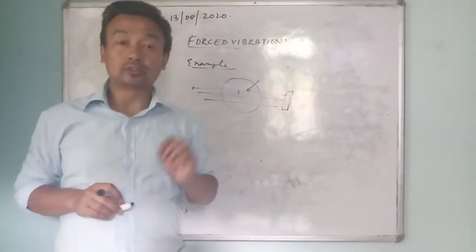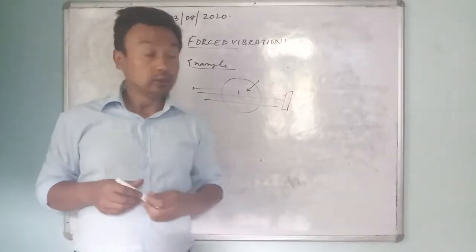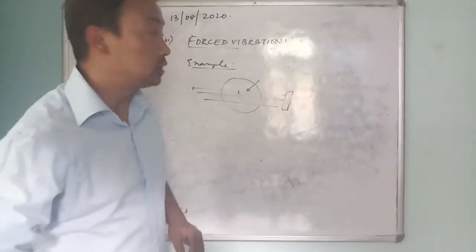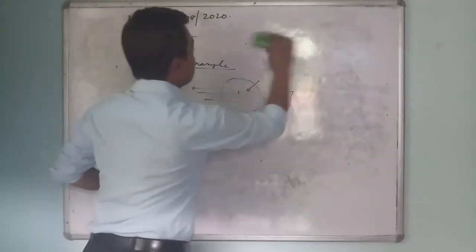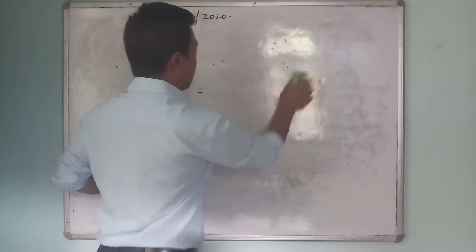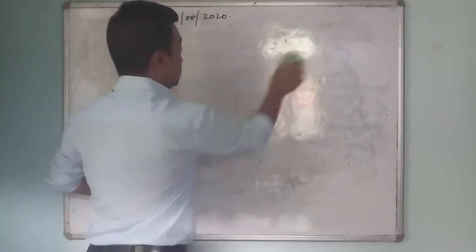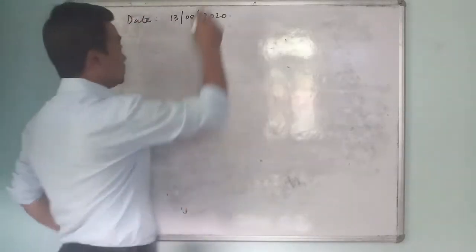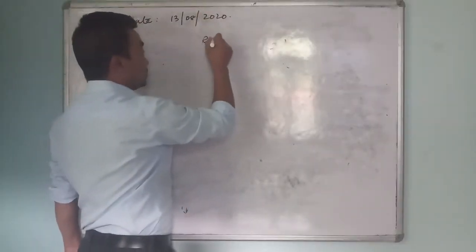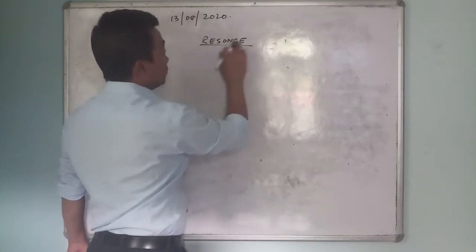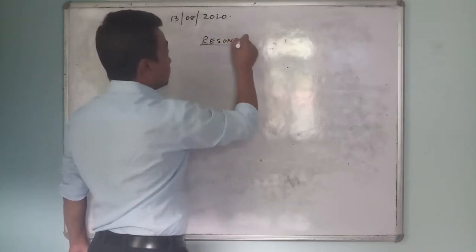Alright, now there is a special case of forced vibration which we call resonance. Now resonance, all of you have heard of resonance, when the sound lingers on for a long time, it keeps on resonating.